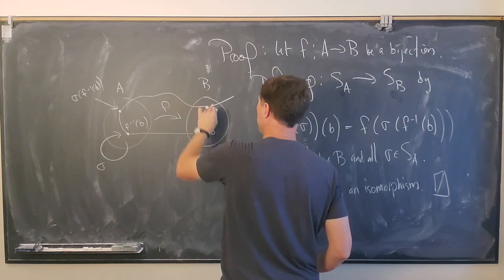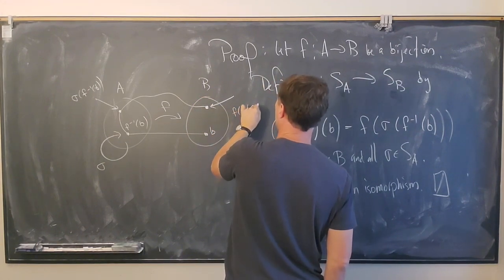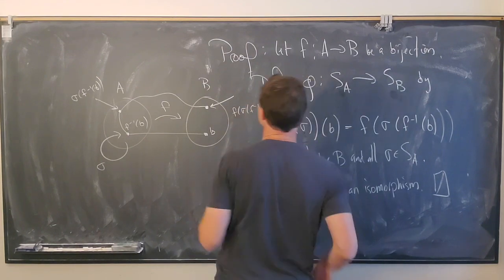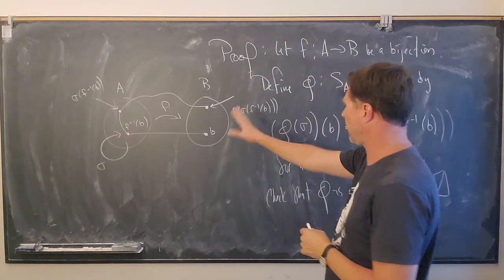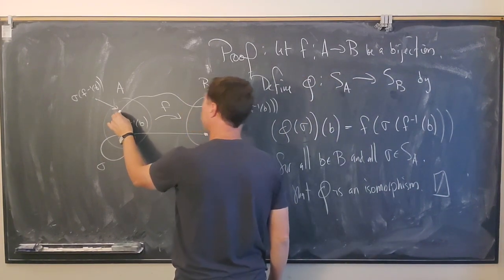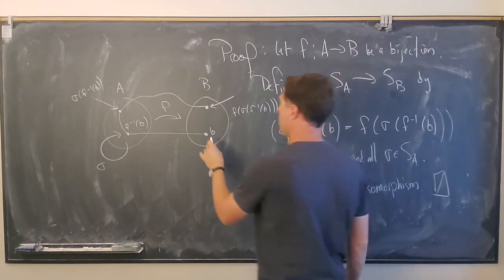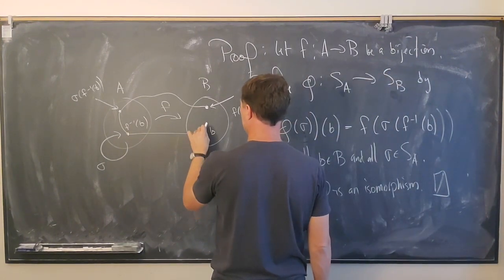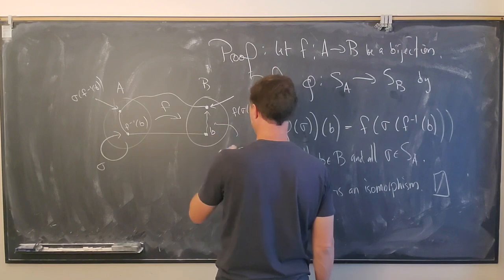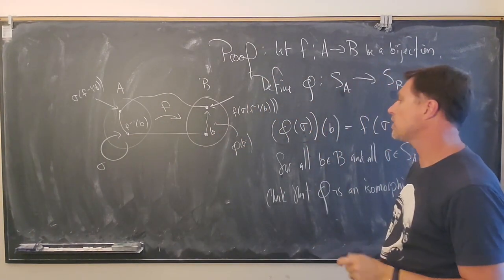So that element right there is going to be F of sigma of F inverse of B. So it's really not that mysterious of a thing. Start with B, pull back, apply sigma, put that element back in B. And so that is what phi of sigma does to little b. So there's the idea.